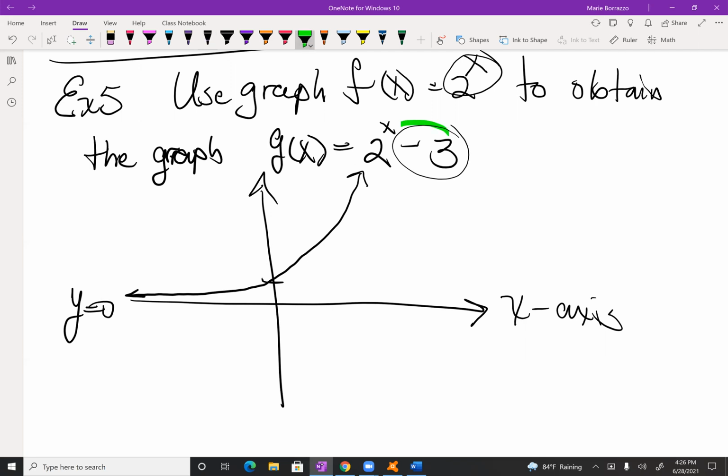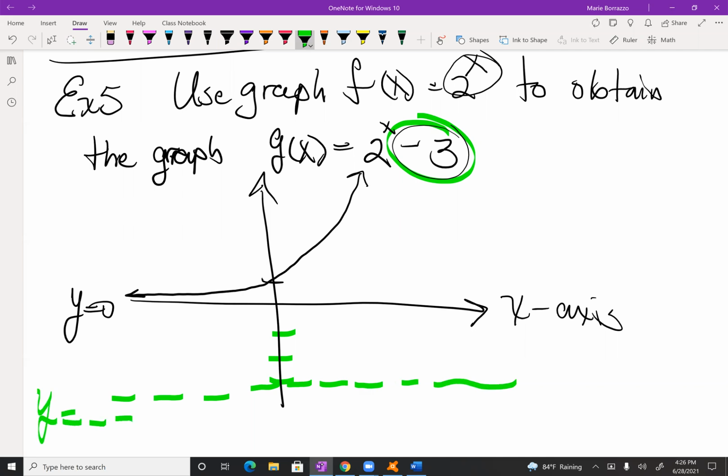On this new one, because that's -3, my new asymptote is where y equals -3. So guess what? I already know that this point is this point down here. It's going to drop 1, 2, 3 units. Every y that you had originally is going to drop 3 units.